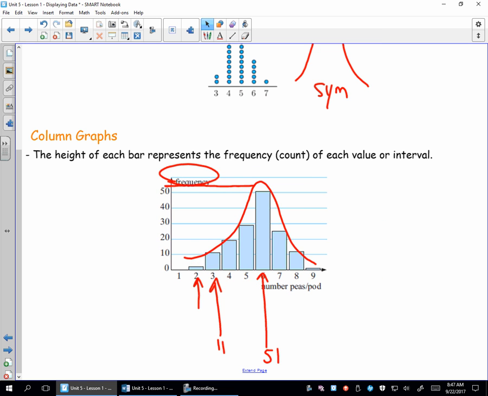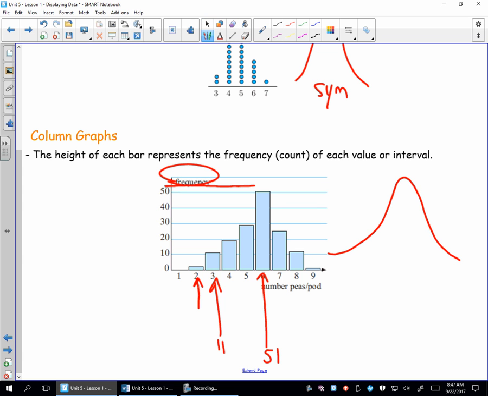I'll take that apart. The left-hand side has been stretched. This one is negatively skewed. I'm kind of missing the negative part of the graph. Most of my data is on the positive side, the right-hand side. So that's how we describe how our data is distributed.